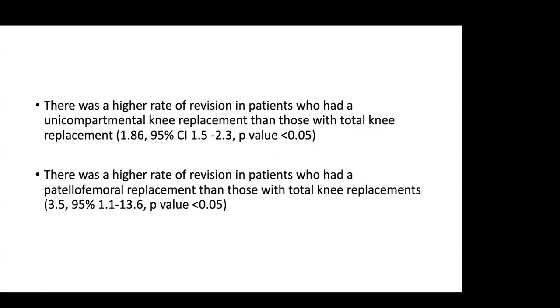So allocation concealment, my understanding is that the investigator doesn't know what the next treatment will be in the allocation. So they don't know what treatment this patient will receive.